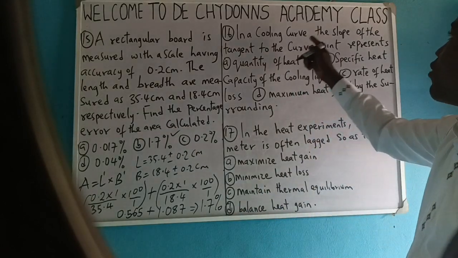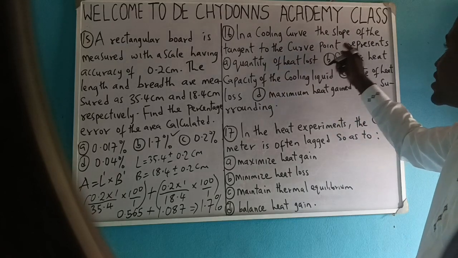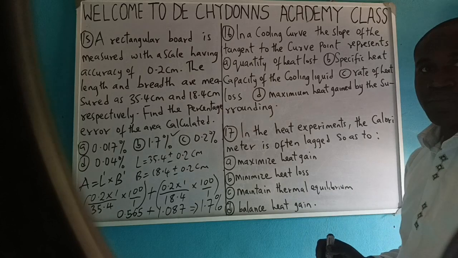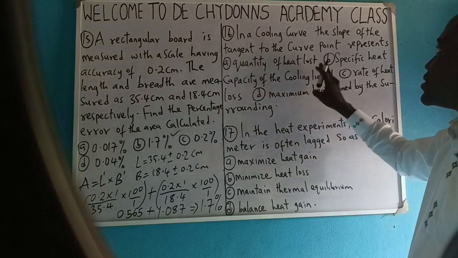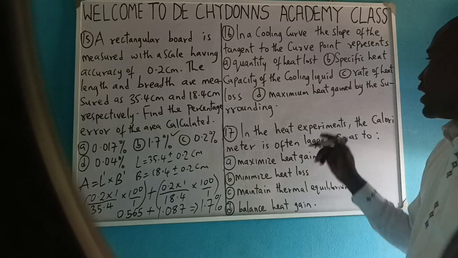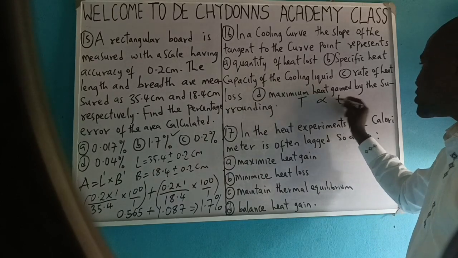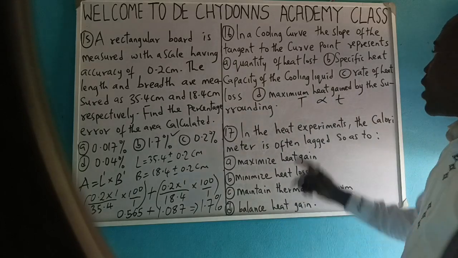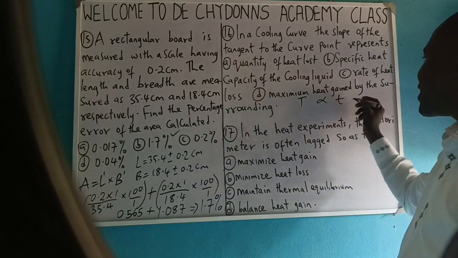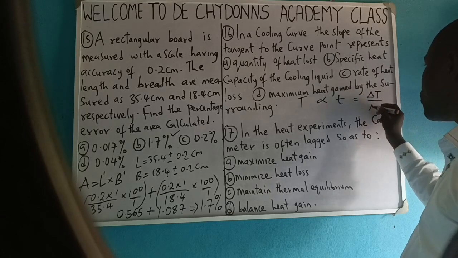In a cooling curve, the slope of the tangent to the curve point represents what? There is an experiment that we call Newton's cooling curve experiment. In that experiment, we plot the graph of temperature against what? Time. So when you plot the graph of temperature against time, you'll be having the slope to be change in temperature over change in what? Time.